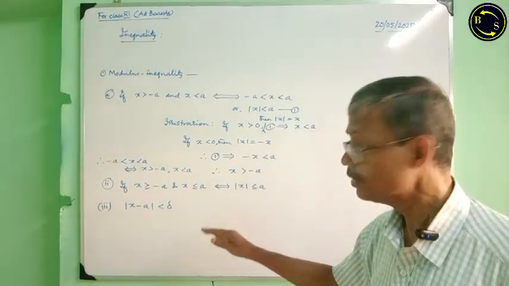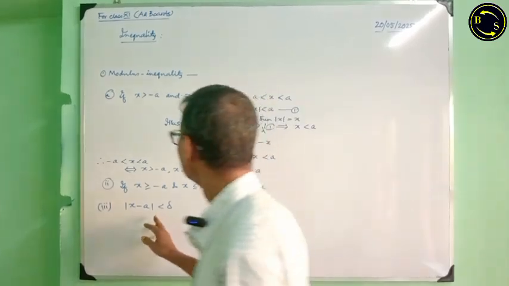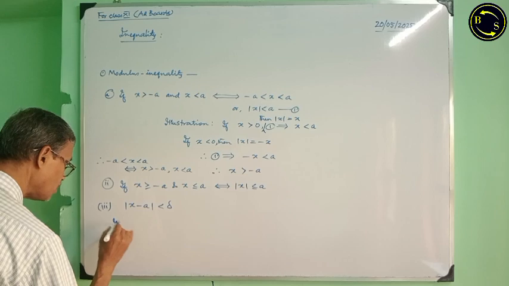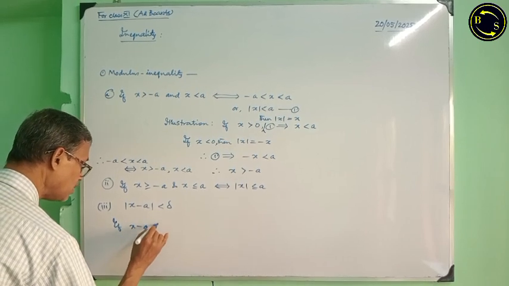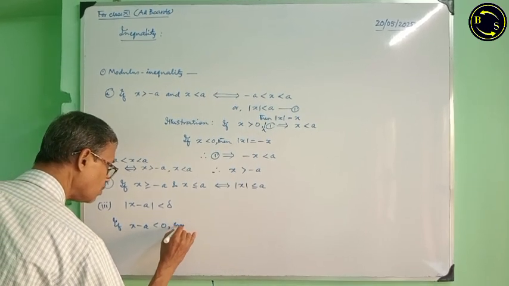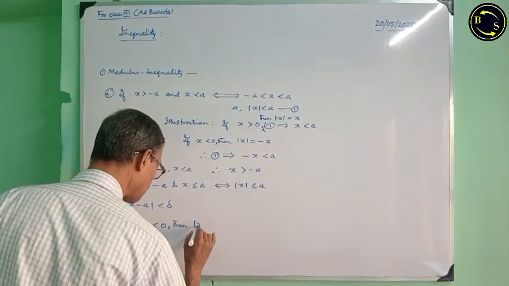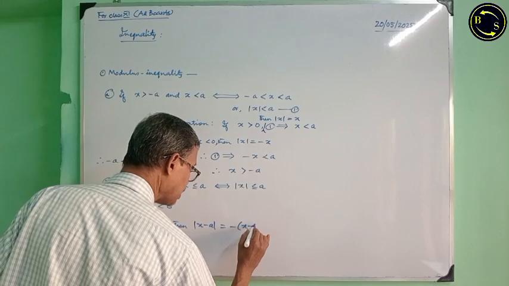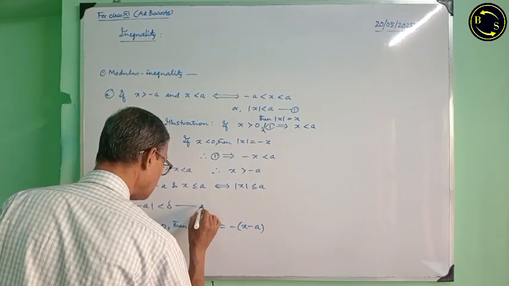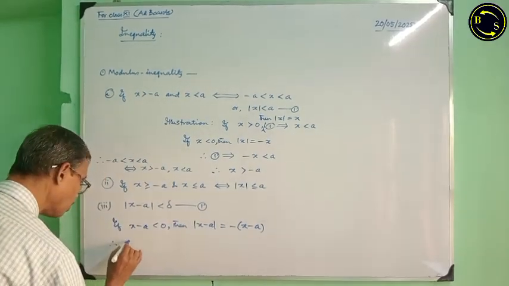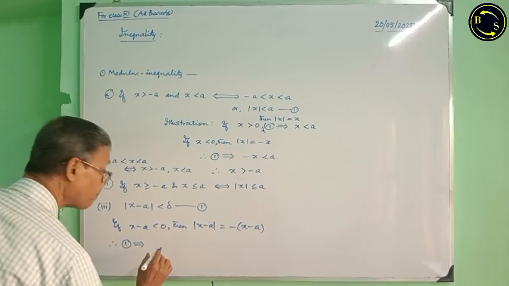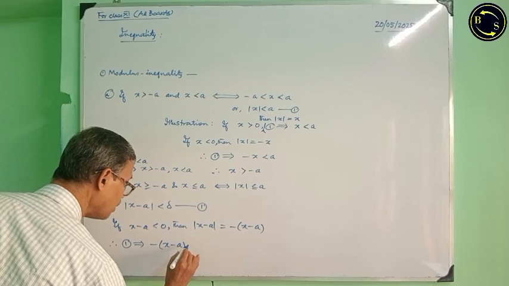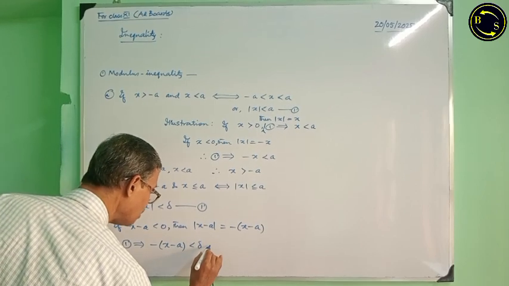Now let me deduce the inequality form. If x minus a negative, then modulus of x minus a is equal to minus of x minus a. Therefore, 1 implies minus of x minus a less than delta.